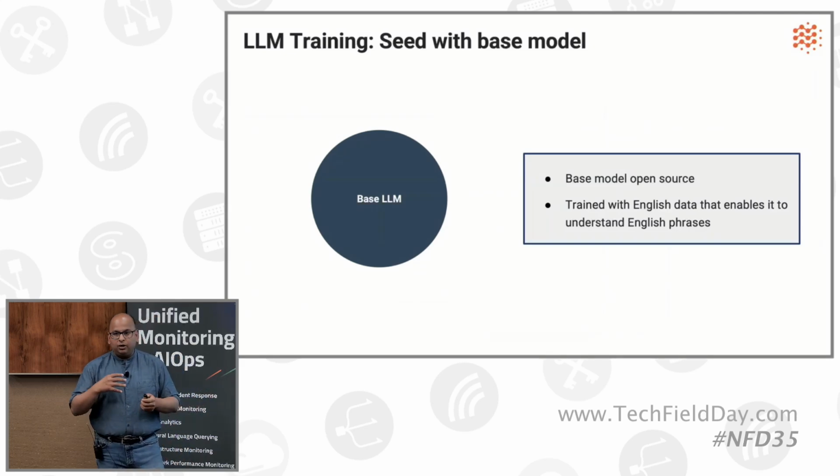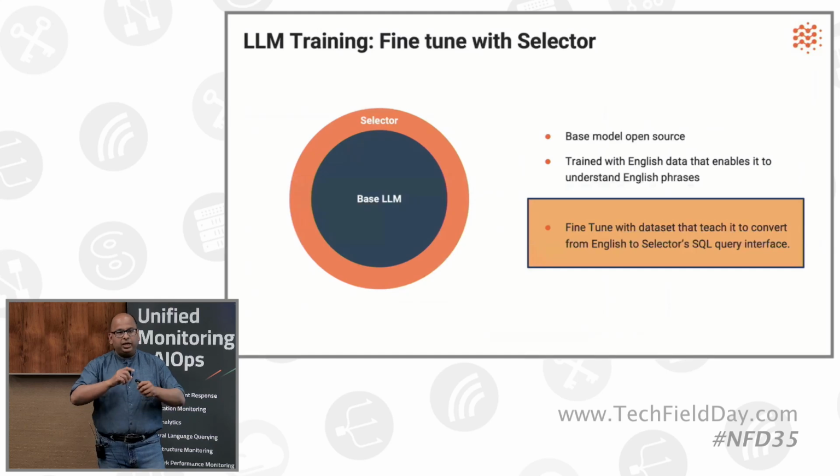Once we have this model, then we bring in the first fine-tuning aspect. Just as background, fine-tuning is the process by which you have a model and you make it more intelligent by giving it more examples. This is the first step that we do. We teach this model how to understand SQL and the nuances of the SQL implementation inside Selector. You give it enough examples of some outputs and some SQL, and it's able to learn all of that.